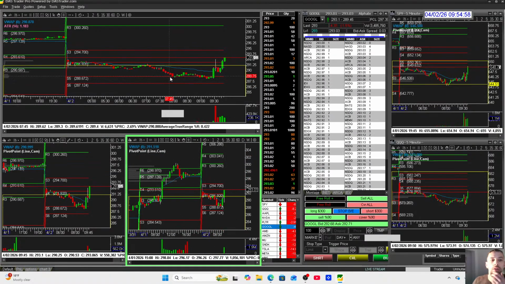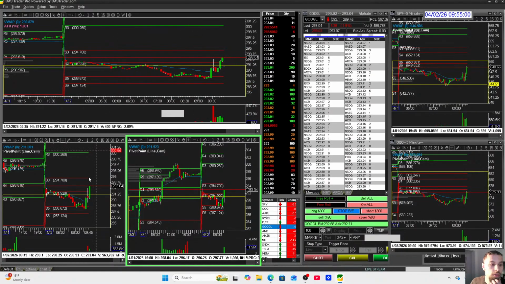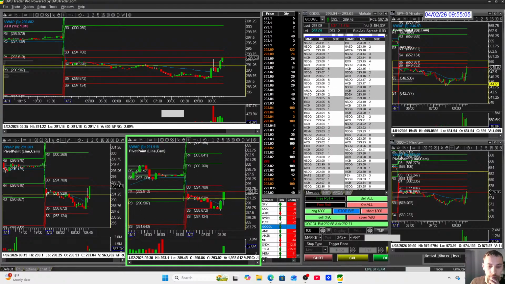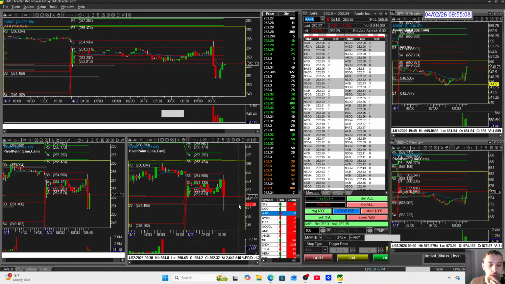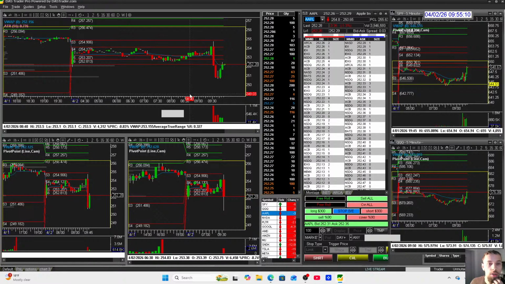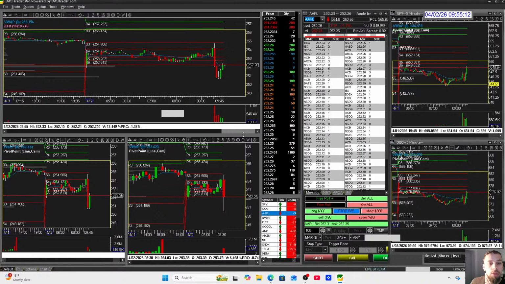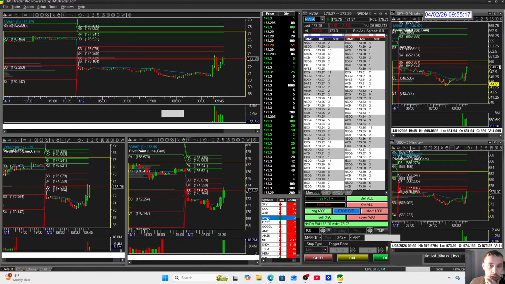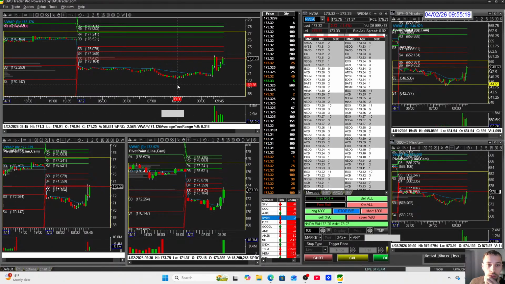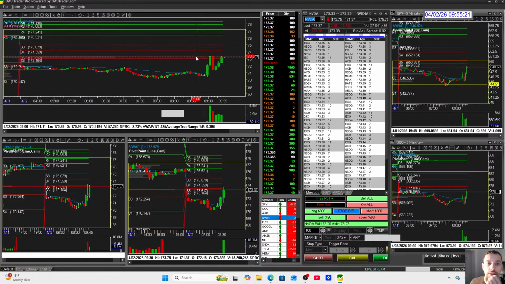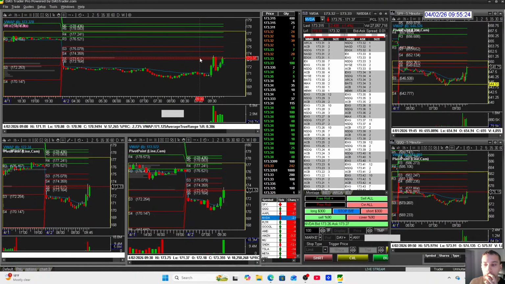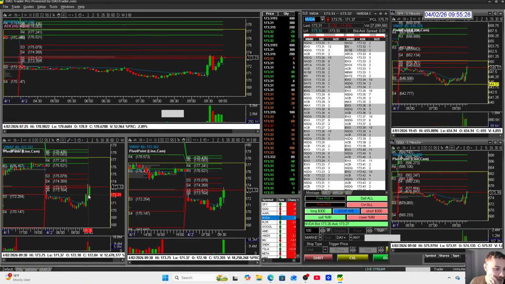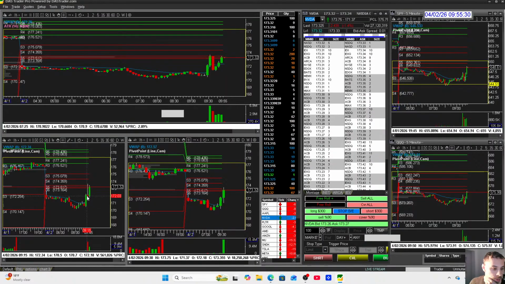So switching chart time frames here, 5, 15, 30. See if there's anything that's looking interesting on these bigger time frames. Nvidia's interesting to me. I'm not near the box though. It's the only thing I don't like. 5-minute here, 15-minute candle.